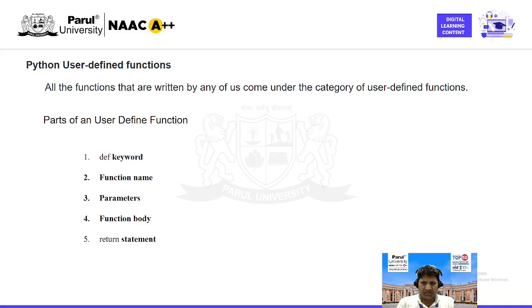And the function body, the next one is function body. And again the next one is return. Here the return statement and parameters are not compulsory parts, they are optional. And def, function name, and function body, these three parts are compulsory parts of a function when we define any function.